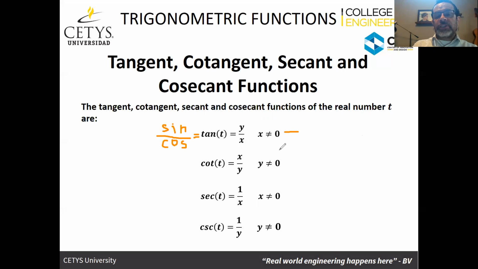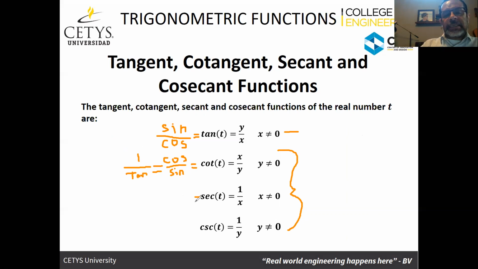And these other functions are actually the reciprocals. The cotangent is going to be the relationship between cosine and sine, but that relationship is also 1 divided by tangent, or the reciprocal.